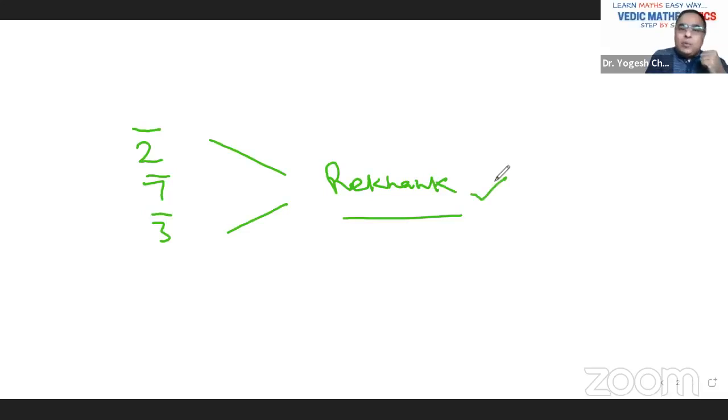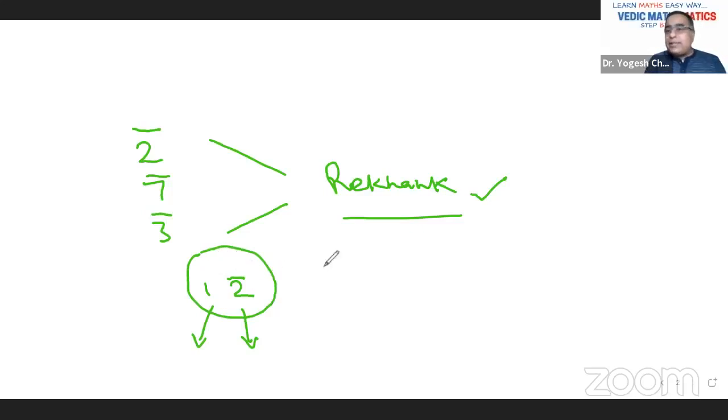Regarding the combination, see this number 1, 2 bar. We'll start with smaller. Here we have 1 as a positive digit and 2 as a negative digit. So this is a Vinculum number, a combination of positive and negative. It does not depend on having 1 positive and 1 negative.